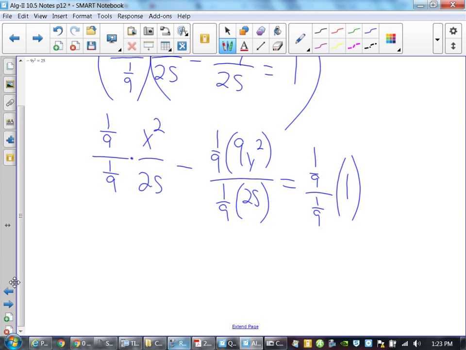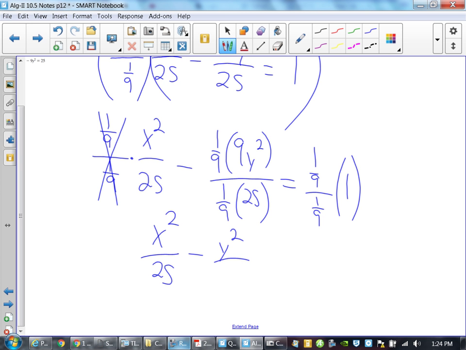Again, what is 1/9 divided by 1/9? 1. This one goes away, and I'm left with x squared over 25. What's 1/9 times 9? 1. So the numerator becomes y squared. And what's 1/9 times 25? 25 ninths.